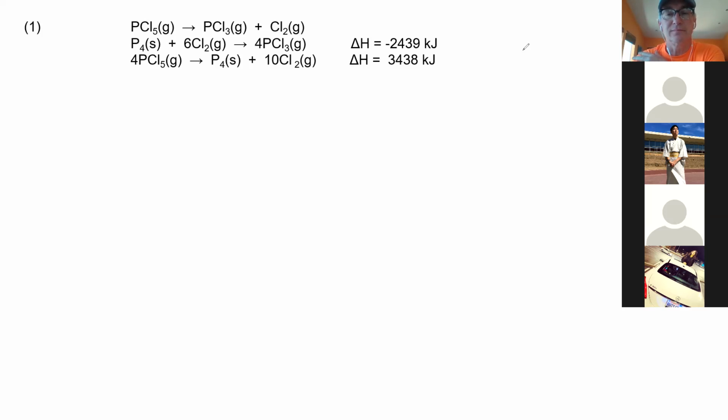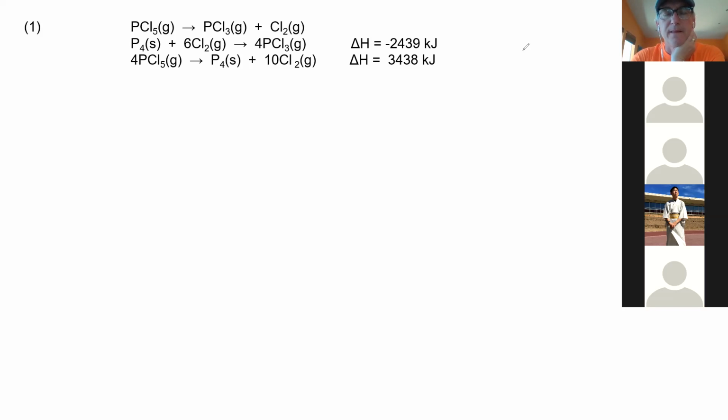Formal equation. Try a little more. So what's the first step? From what I see, the first equation has P4 on the reactant side and the second equation has P4 on the product side. So we can eliminate it. But is that the first thing you want to do?